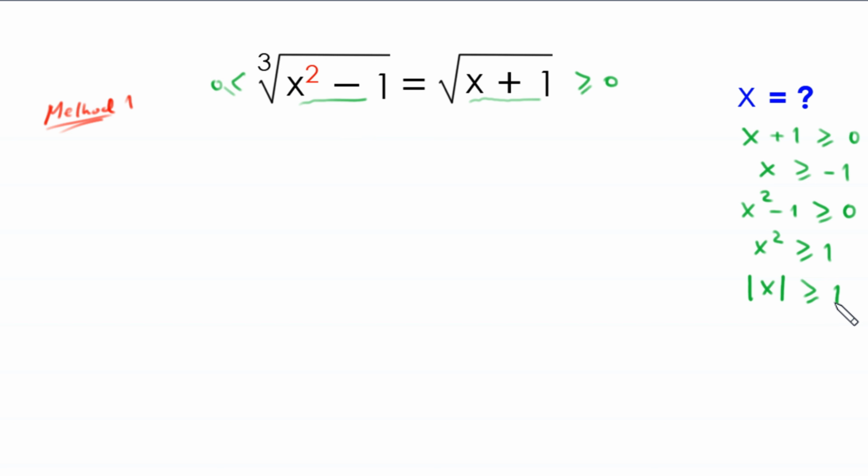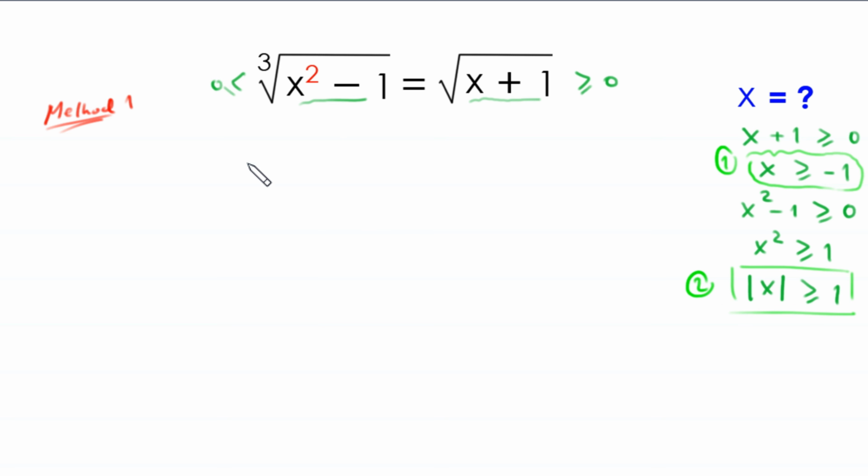So we have two conditions as a domain of this equation. The first one, x must be greater than or equal to negative 1, and the second is absolute value of x must be greater than or equal to 1.